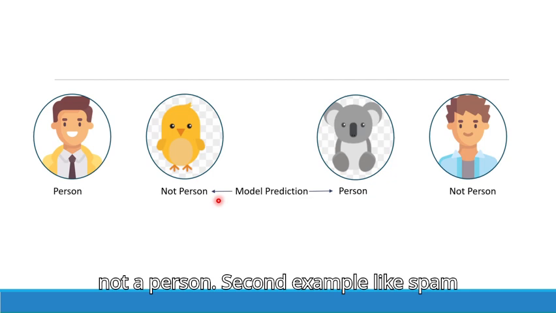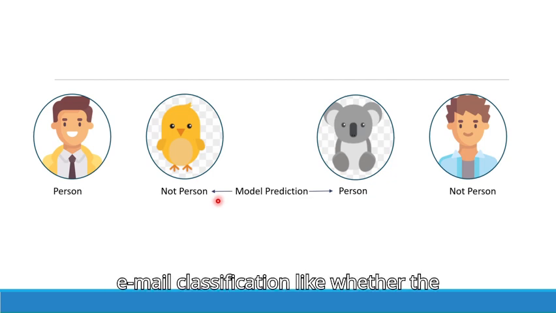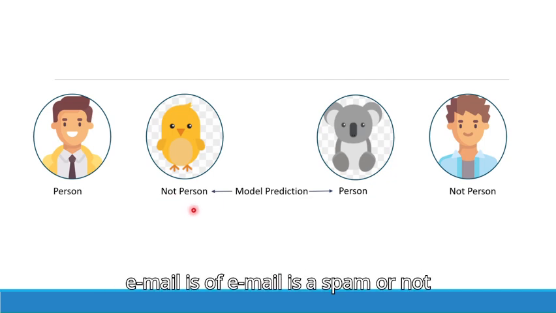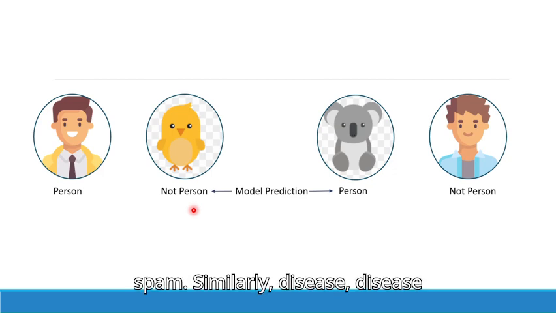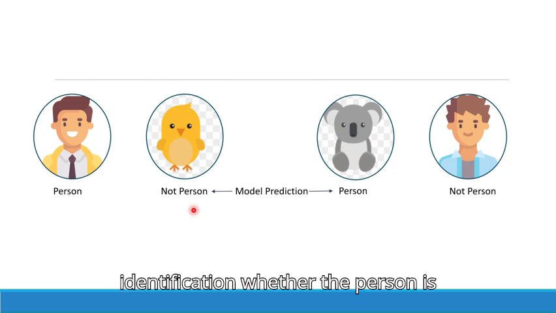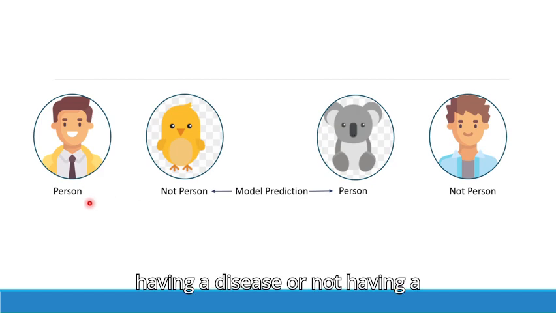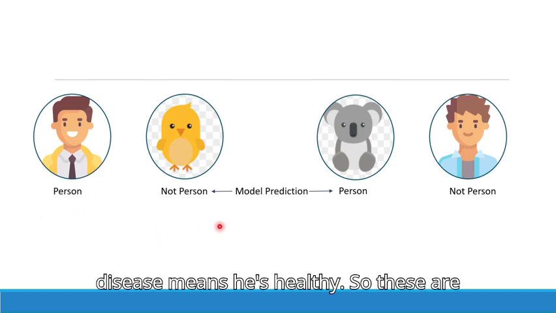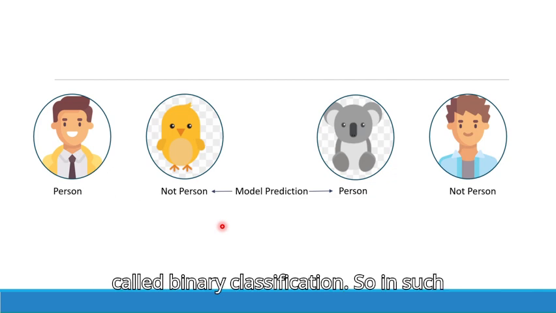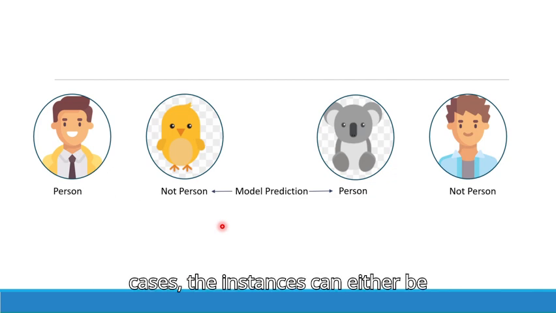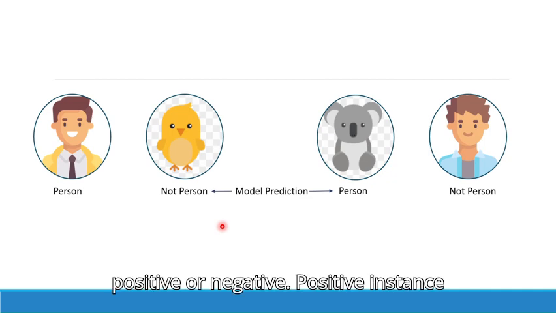Second example, spam email classification, whether the email is a spam or not spam. Similarly, disease identification, whether the person is having a disease or not having a disease, means he's healthy. So these are called binary classification. In such cases, the instances can either be positive or negative.